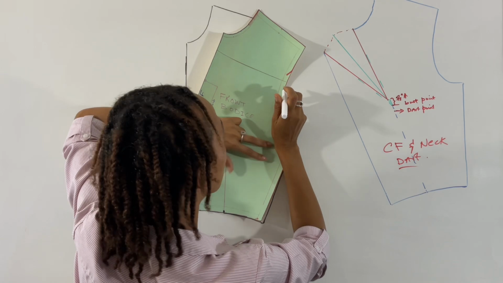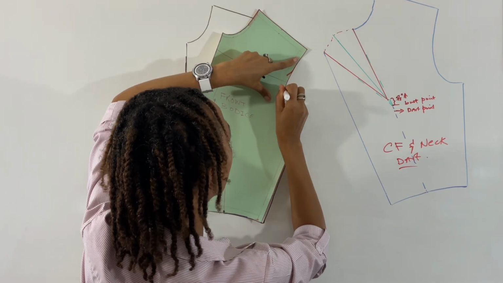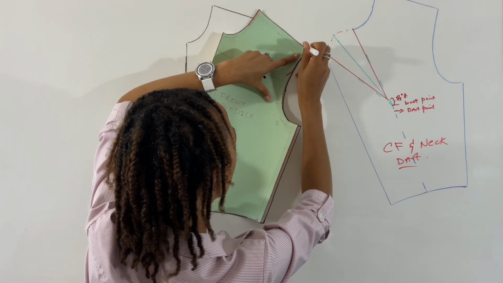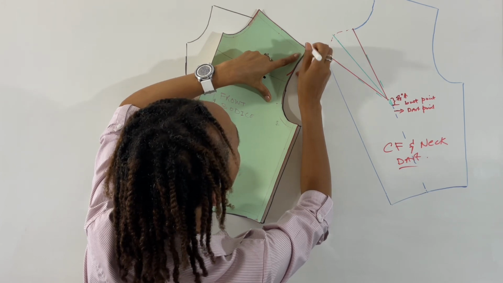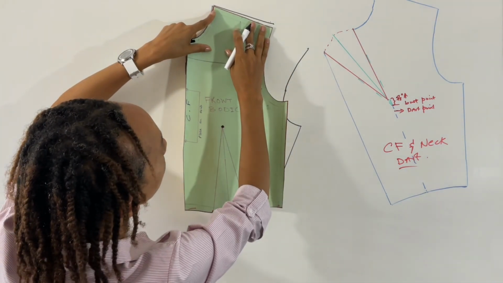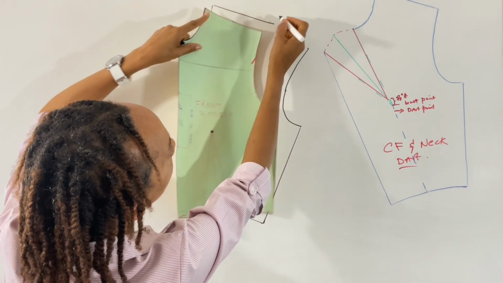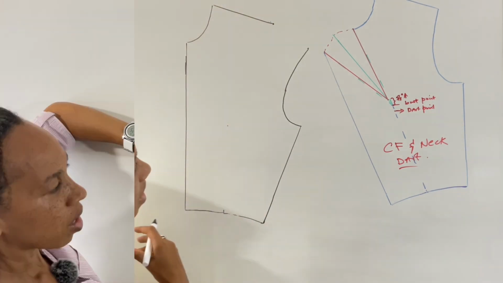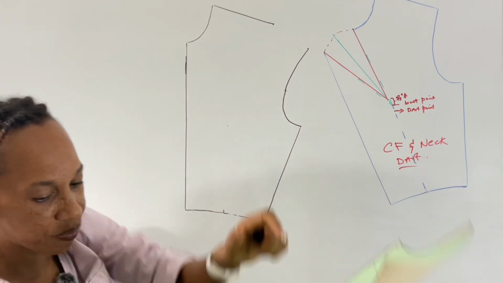And we're going to trace around the armhole, and we're going to keep it right there. So remember now, this is where the tip was, right here. Okay, we're going to use this point. This is your dart point.